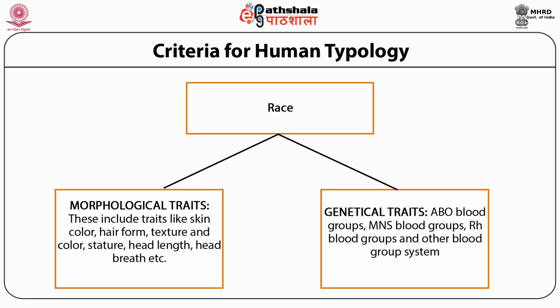Today we know that numerous genetic characteristics with a known mode of inheritance are being used as criteria for human typology. Thus, we find that, broadly speaking, the characteristics that may be used for the establishment of physical grouping of mankind are either morphological or genetical or both.